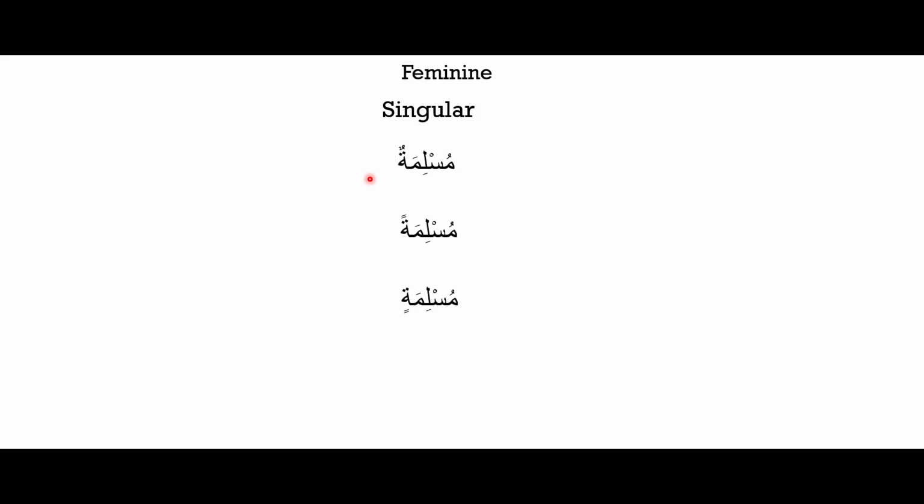So in order to make these isms plural, we need to add ending letters. In order to make this ism here in Marfu state plural, we need to remove un, dhammatain, and we have to add atun, alif and ta with dhammatain. So our result is muslimatun.